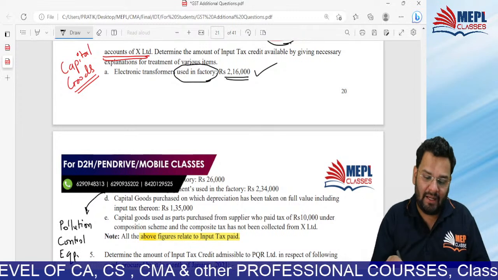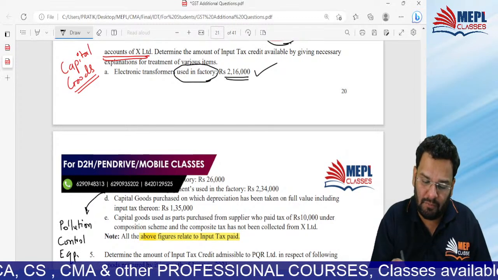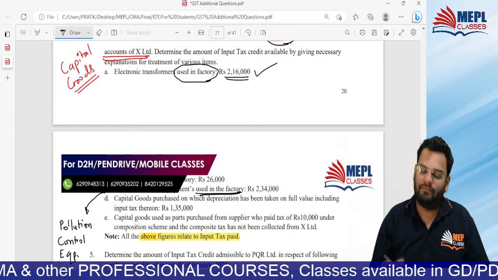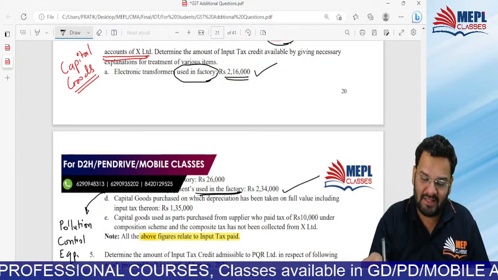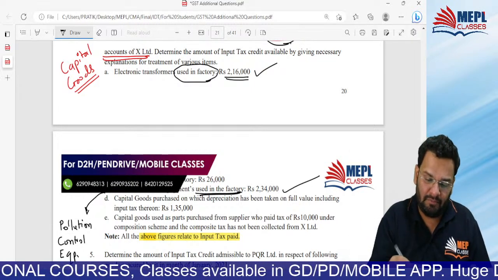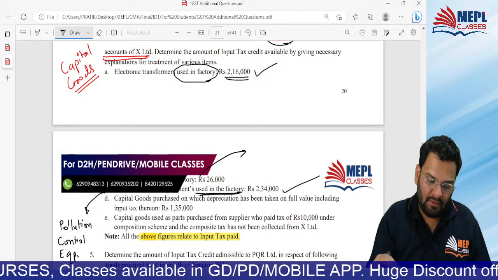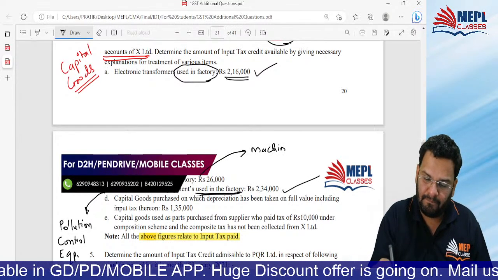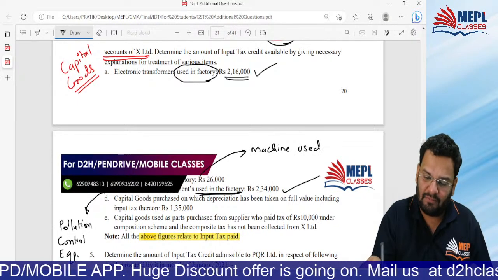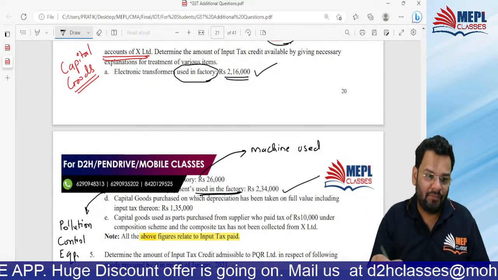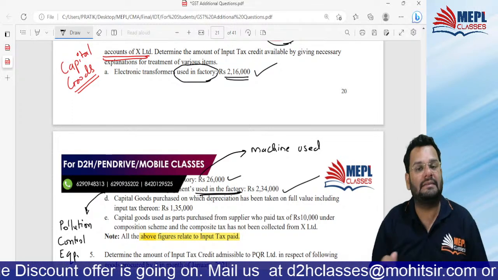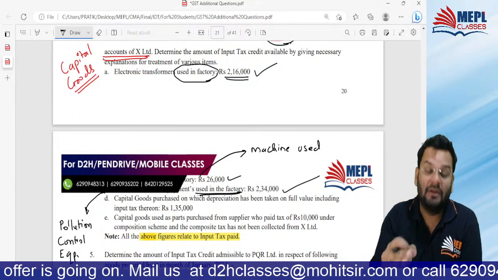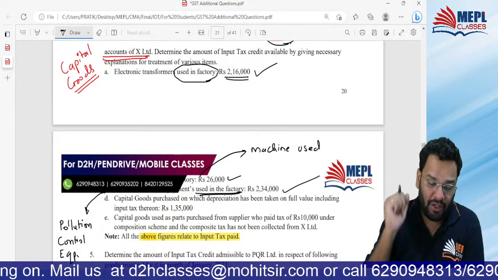So can you take ITC of pollution control equipment used in factory? Of course, yes, no problem. This point was machine used in factory. So of course, of that also you can take ITC. No problem. Problem is with which point?